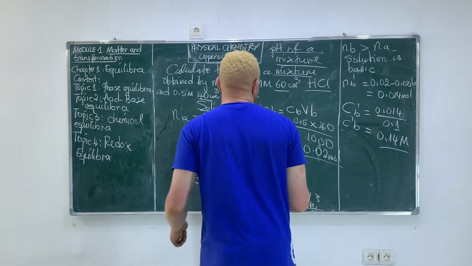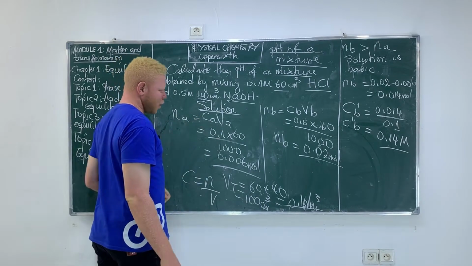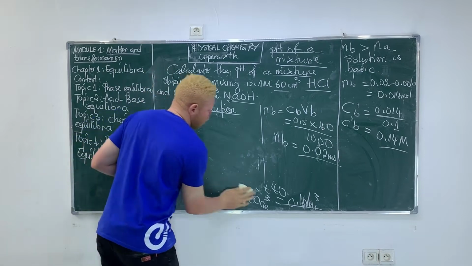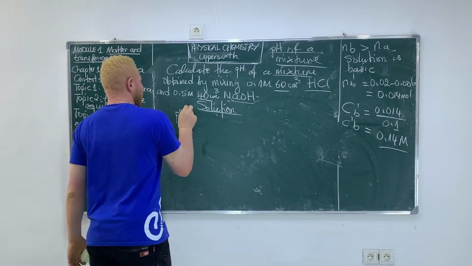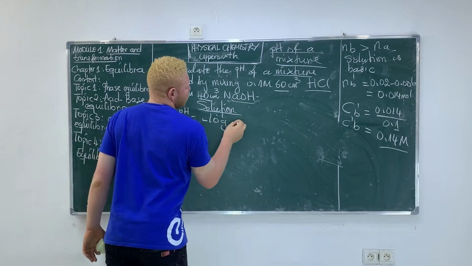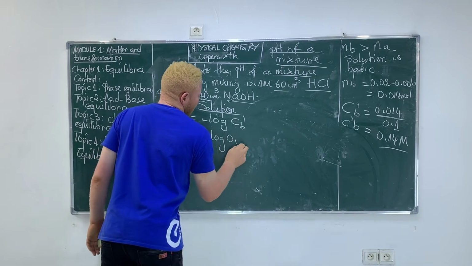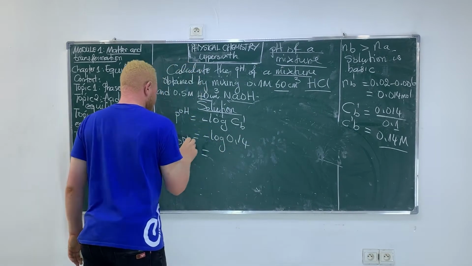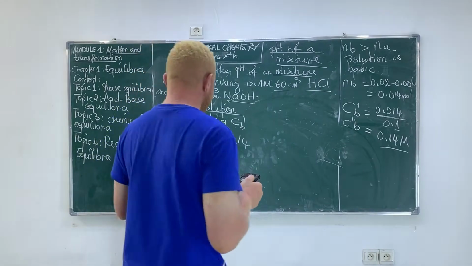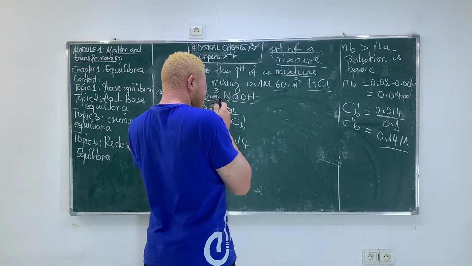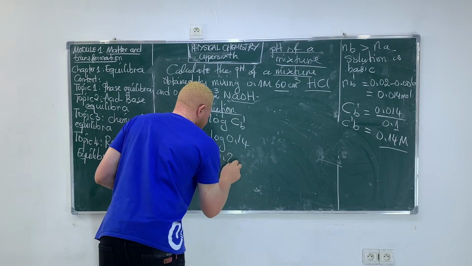The first thing to do is to calculate the pOH, because we have a base. pOH is minus log of the concentration, so minus log of 0.14, which gives 0.85.